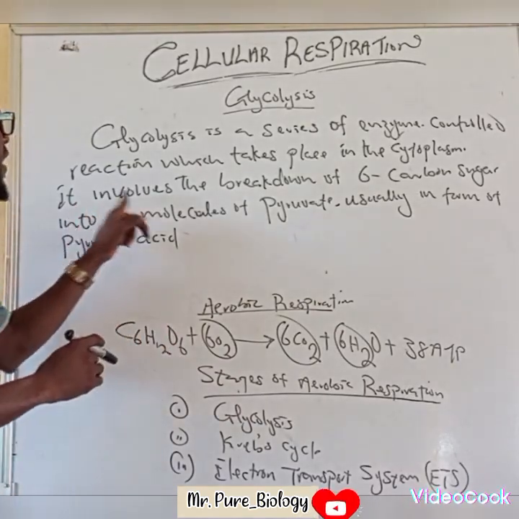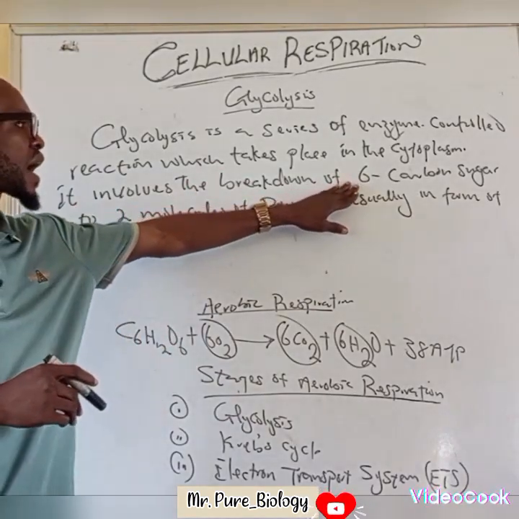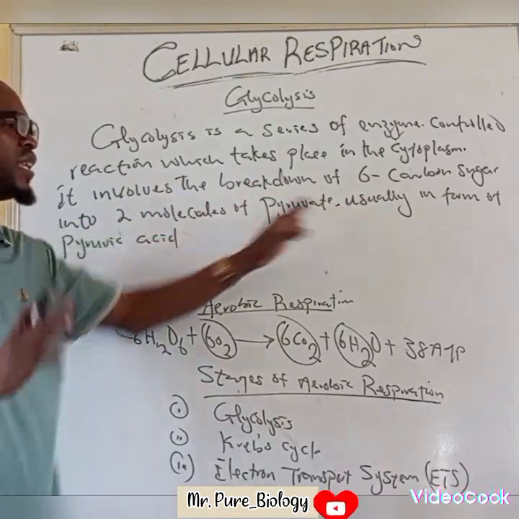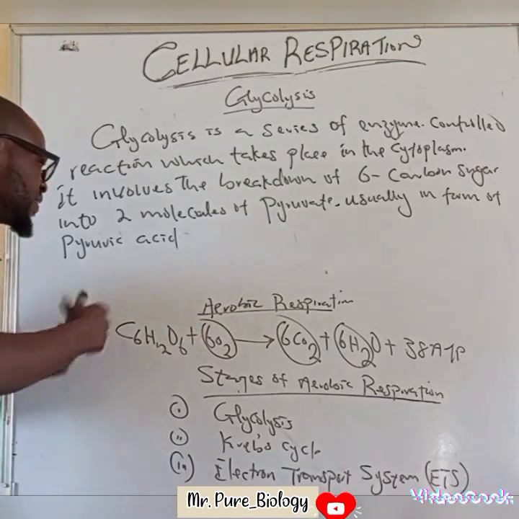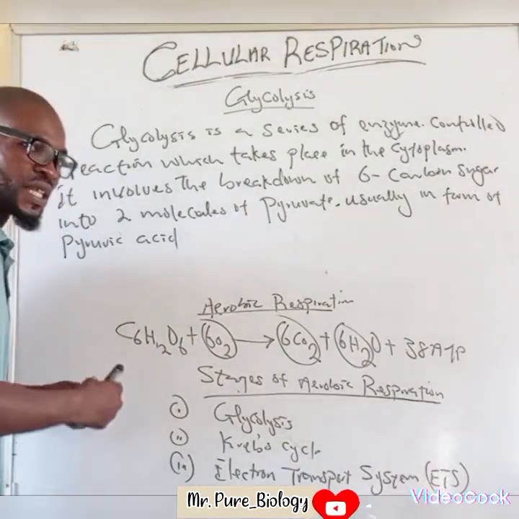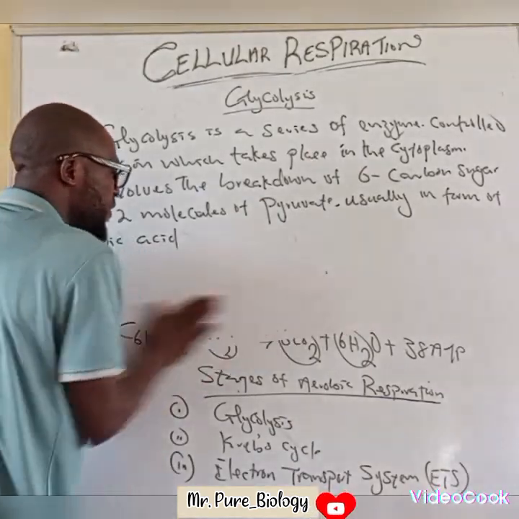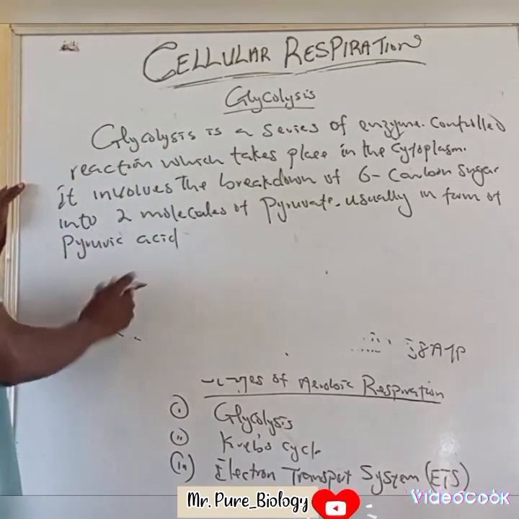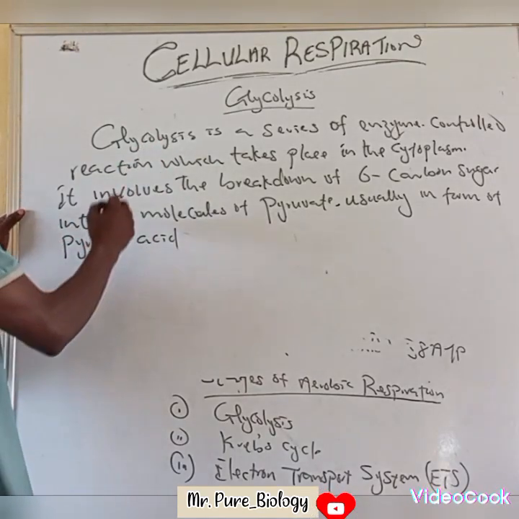Now, when I said it involves the breakdown of the 6 carbon sugar into 2 molecules of pyruvate, usually in form of pyruvic acid, we can simply represent this with an equation.